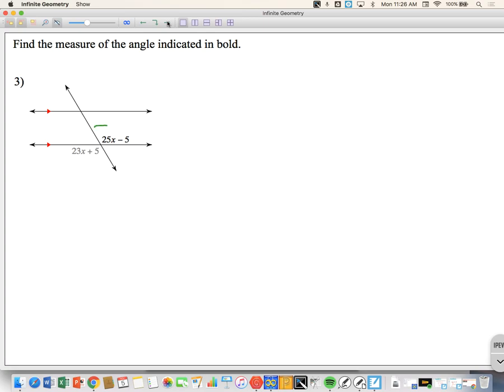First, identify the relationship. These two angles are vertical. Again, congruent angles. So we know that 25x minus 5 has the same measure as 23x plus 5.